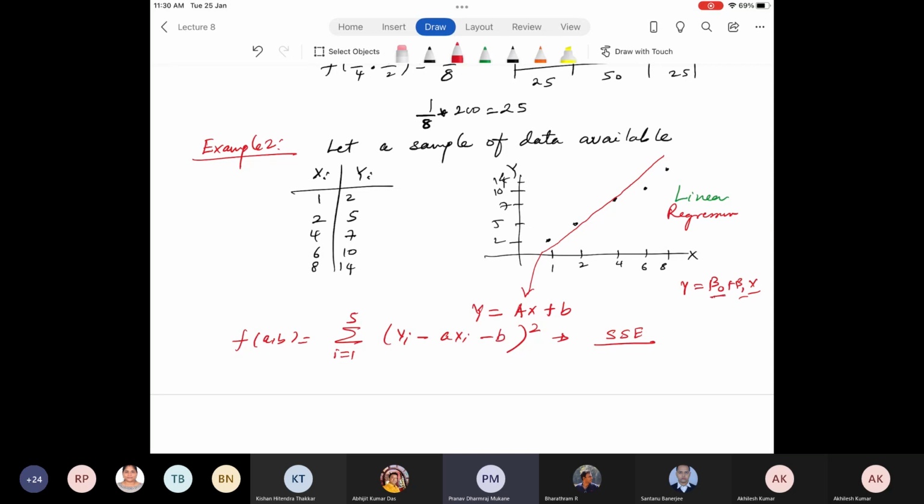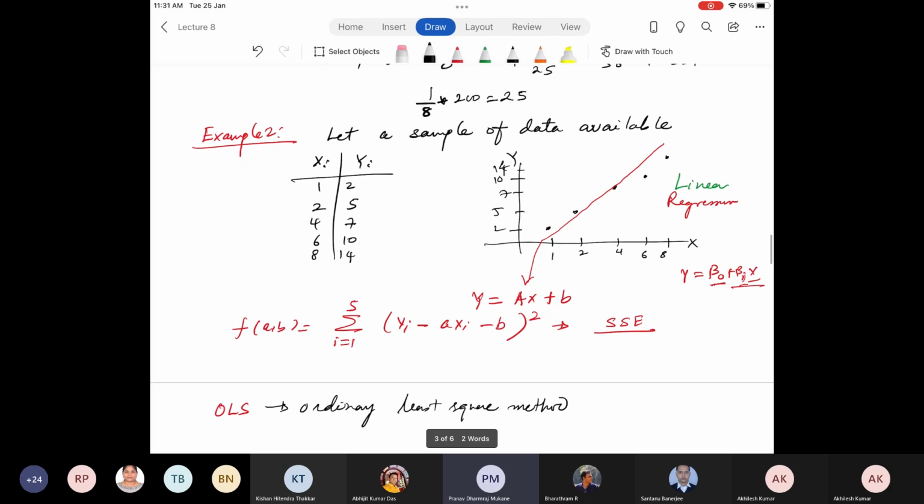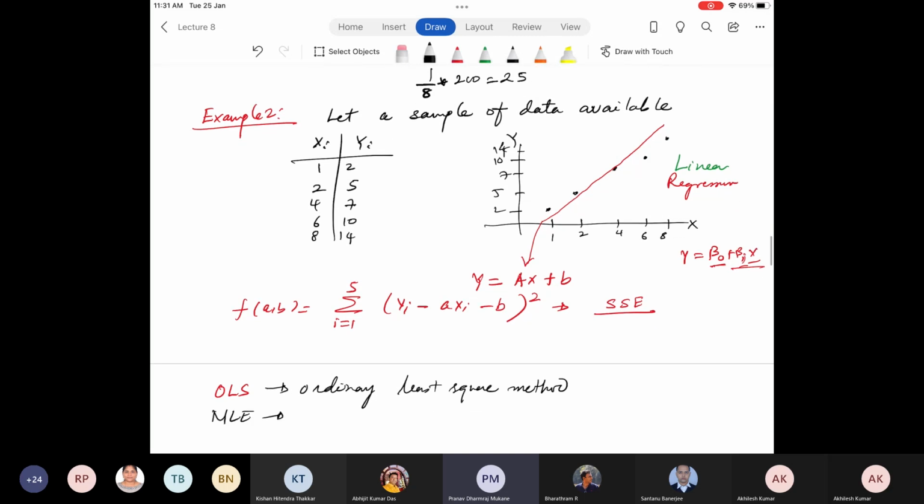So beta naught and beta 1, how do we find these values? Slope and intercept. That is estimation. So we use what is famously known as OLS, the ordinary least squares method. There is another way which is called MLE, maximum likelihood estimate.